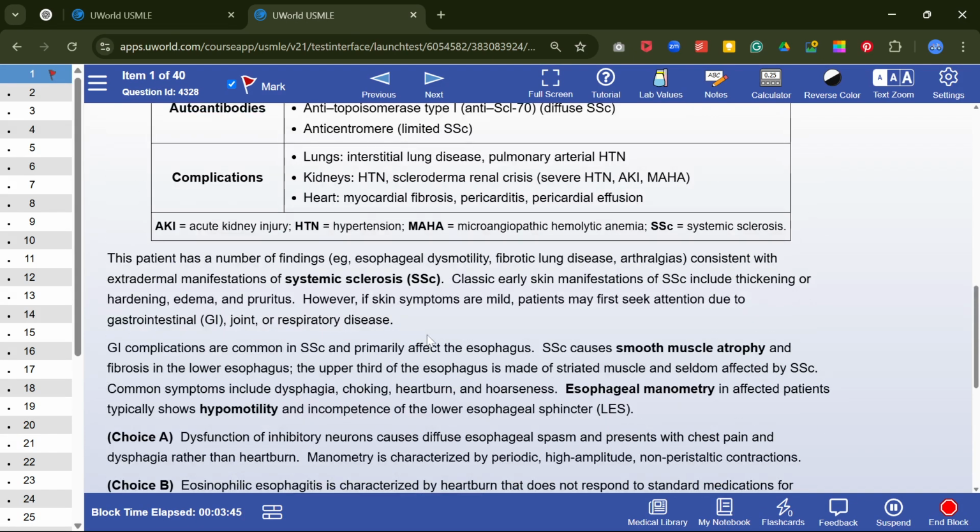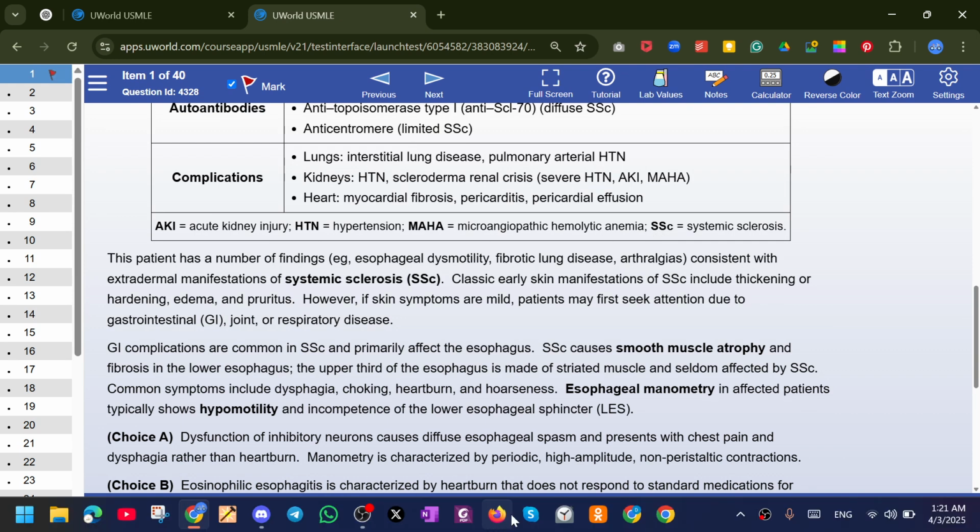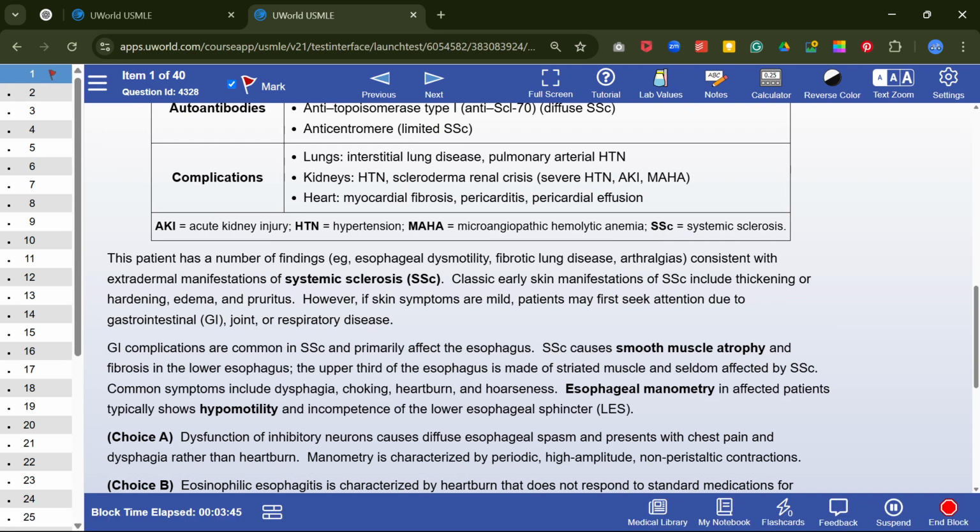So this patient has a number of findings: esophageal dysmotility, fibrotic lung disease, arthralgia consistent with extradermal manifestation of systemic sclerosis.